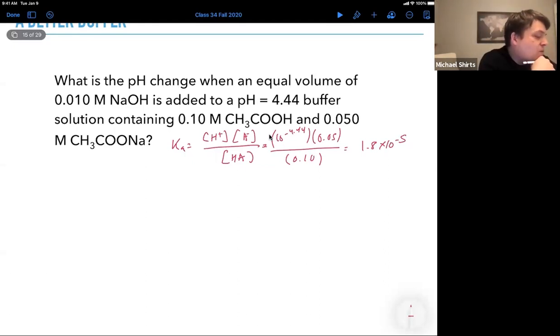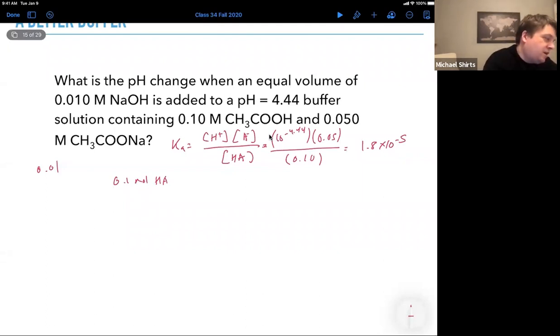So, what is the concentration of A- and HA going to be now? Well, originally we had 0.1 mole of HA, but we're adding 0.01. Now, notice that we don't say how much total there is. Let's just assume 1 liter.